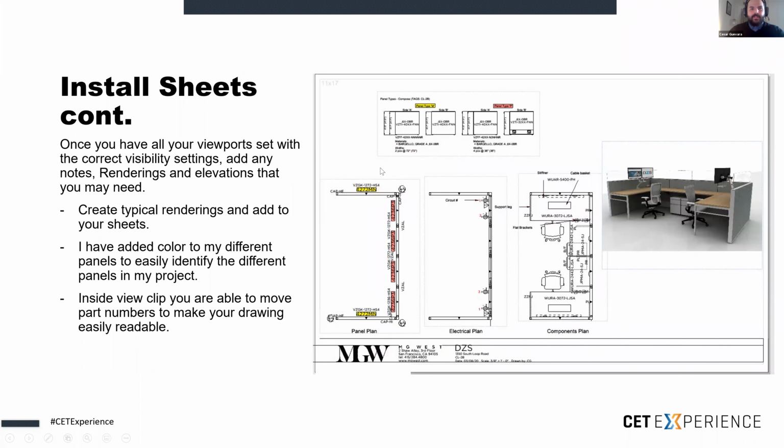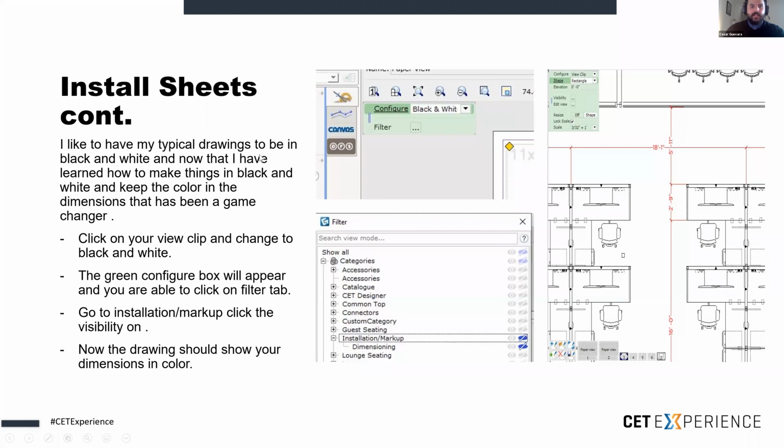So we talked about adding some color, making things visible, being able to showcase stuff that you're not able to see. This handy dandy tool that the CET installed is pretty neat. It's something that we wanted from the very start, because it's our design standard to have everything in black and white, and the only thing that shows up in color would be dimensions and, say, leader lines or stuff like that.